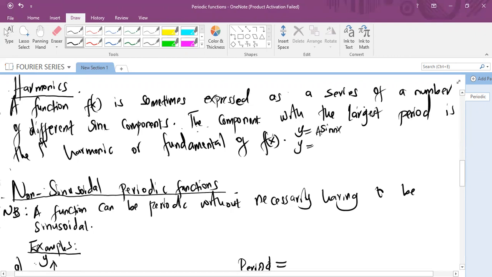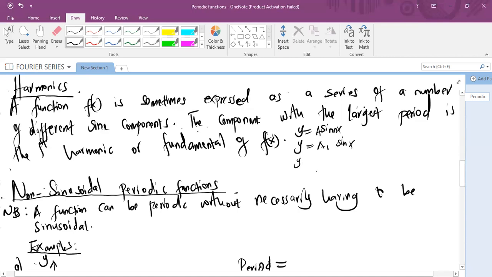So let's say we have the value of n as 1, so we have a1 sine of x.